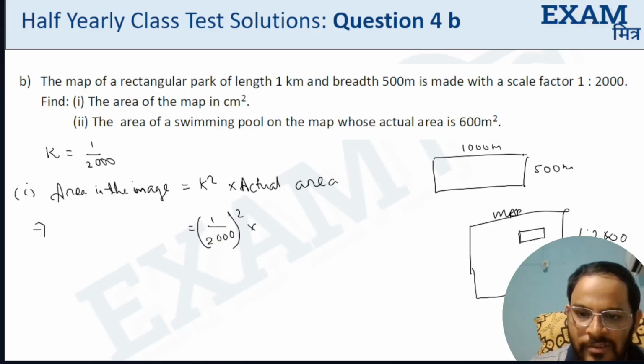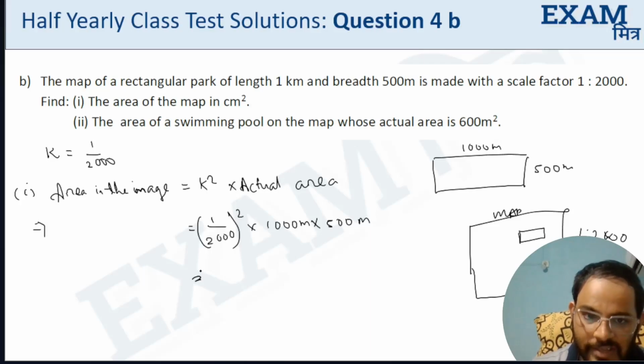The length is 1000 meters and the breadth is 500 meters. So the area will be 1000 meters into 500 meters. But observe, the question is asking you to find the area in terms of cm square. That means you need to convert this meter into cm and this meter into cm as well.